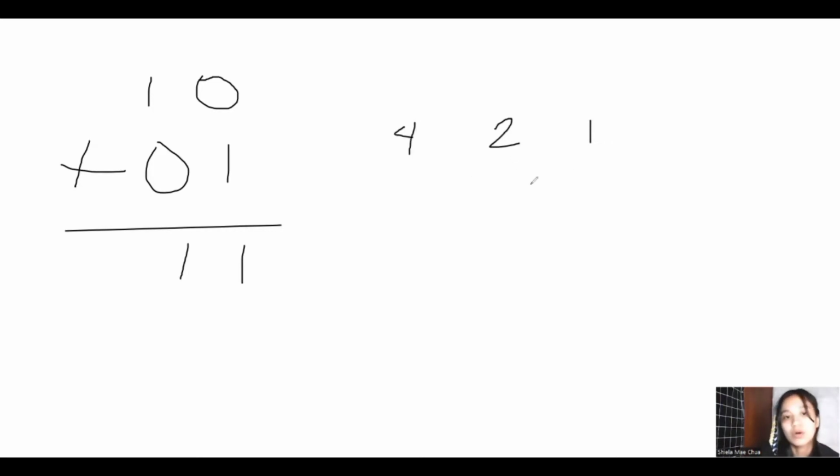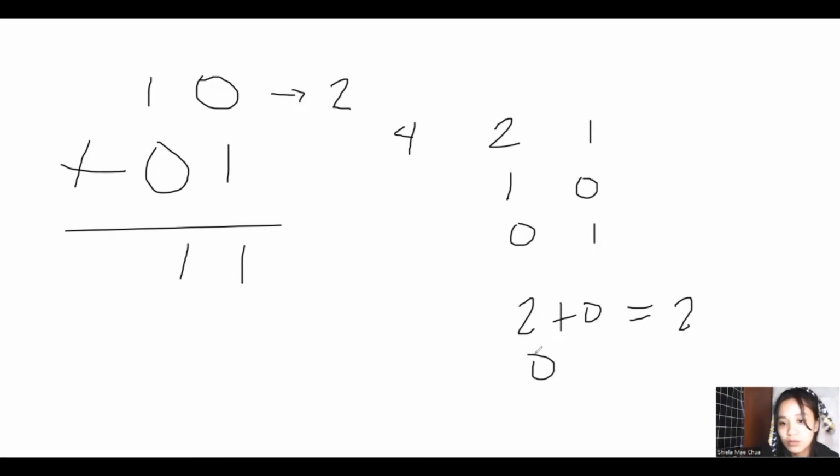So 10: the value that has 1 under it is the 2, plus 0, meaning this is 2. So 10 is equal to 2. And 01 is equal to 0 plus 1, which is 1.